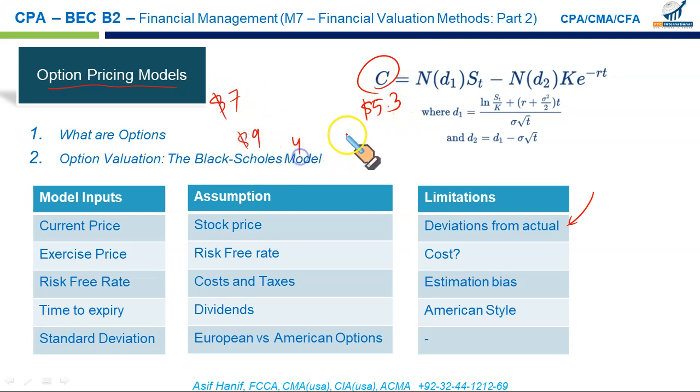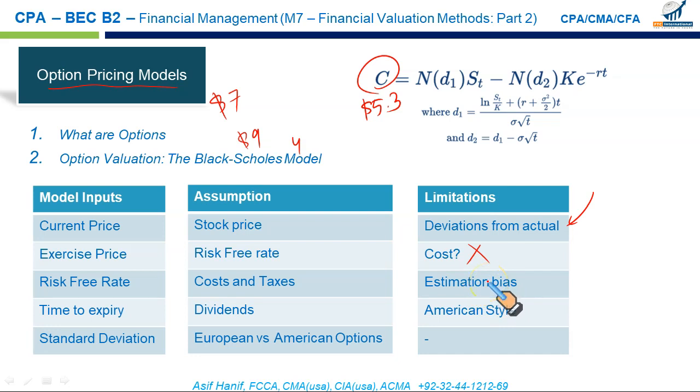Or maybe $4. So the model is not very accurate. Then the second limitation is that it totally ignores cost, but this is not true. There are costs involved when we engage in a transaction like this. You can't avoid taxes, you can't avoid transaction costs. They're always there.